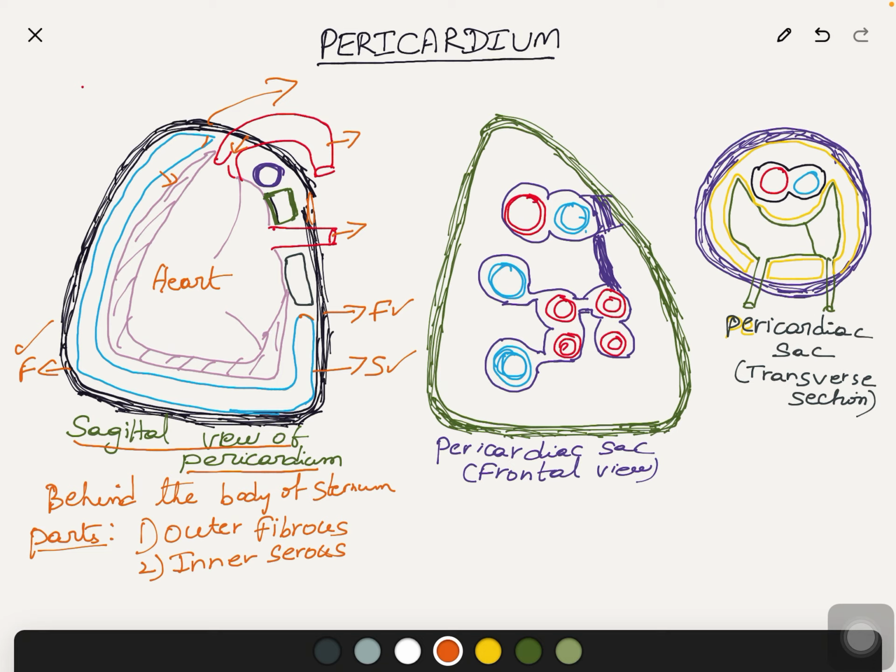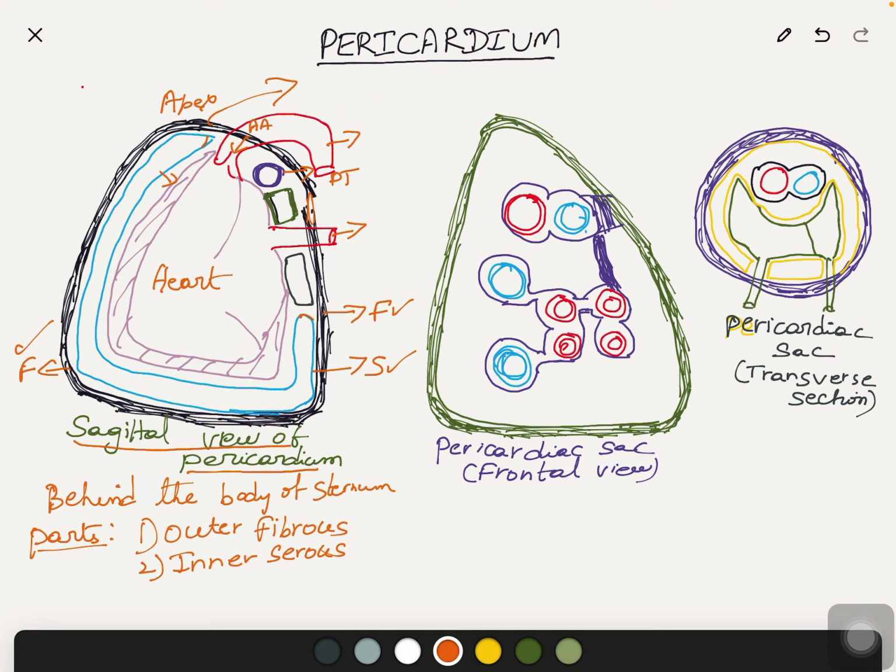Now we will see the attachments of the fibrous pericardium. This is the apex of the fibrous pericardium. It blends with the external coat of the ascending aorta, arch of aorta and pulmonary trunk, and is continuous with the pretracheal layer of deep cervical fascia.